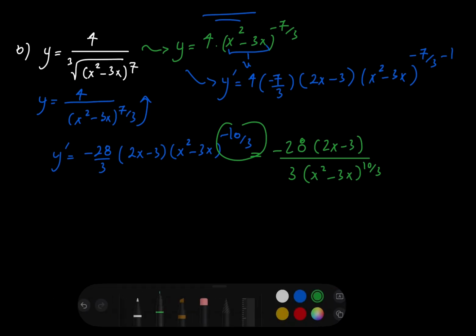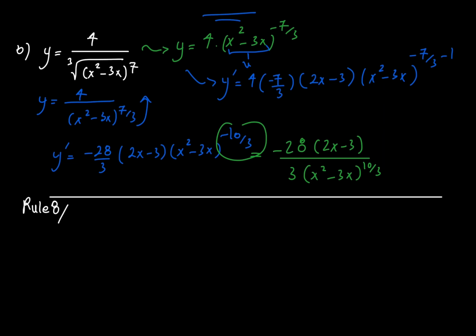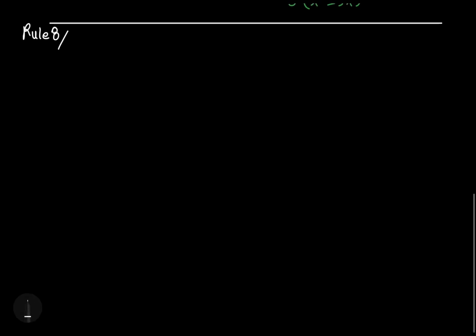Rule number 8. Let's say we're given three functions, or sometimes even two functions, that are multiplied with each other. We call this the product rule, and this is actually a very simple rule once you get around it.